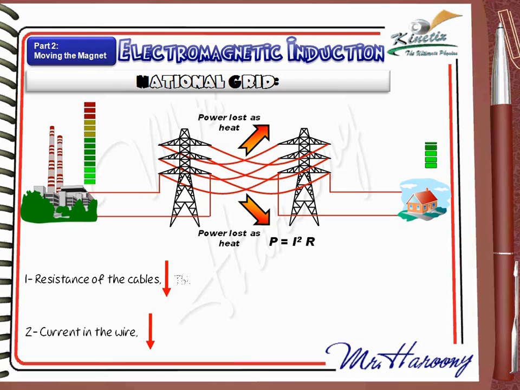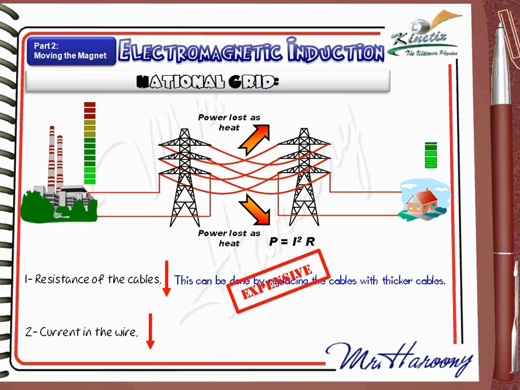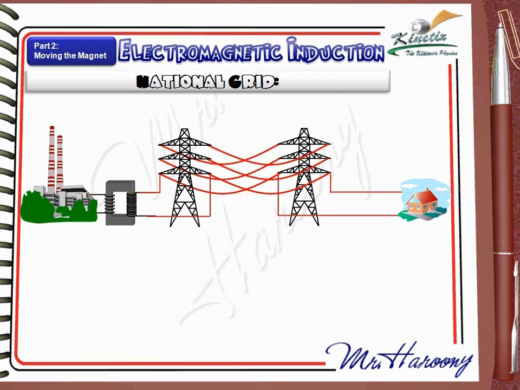To reduce the resistance of the cables, this can be done by replacing the cables with thicker ones. But this solution is expensive, so we have to think about the other option: reducing the current. Using a step-up transformer after the power station and before the transmission cables will increase the voltage and decrease the current.